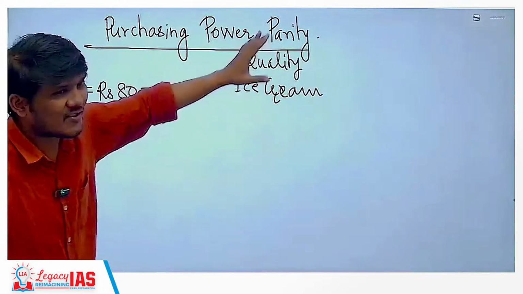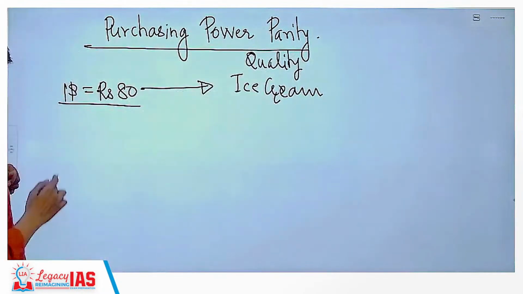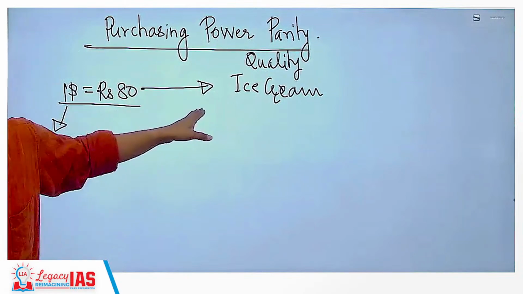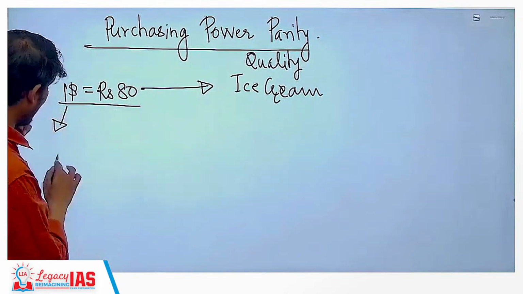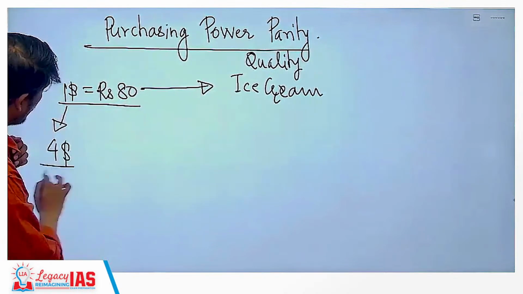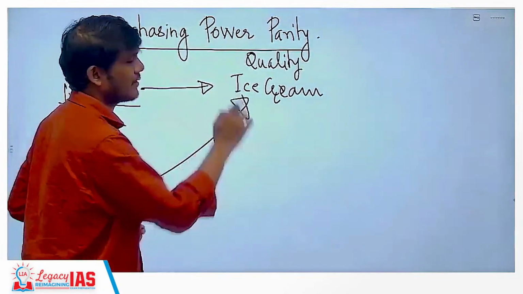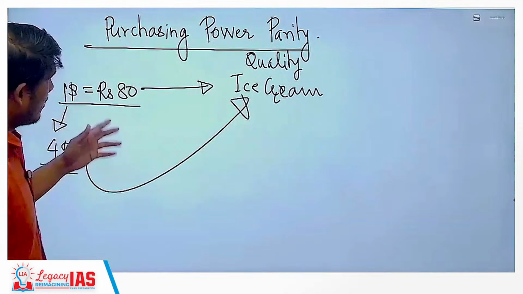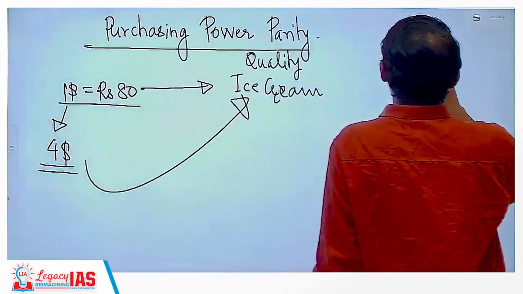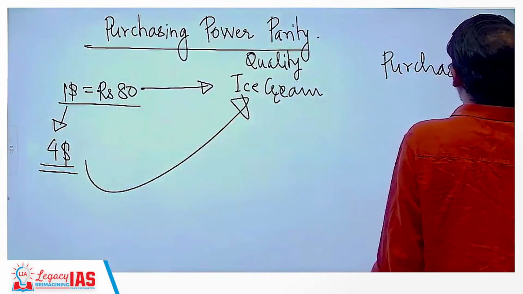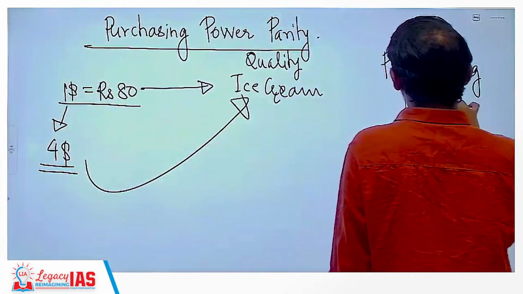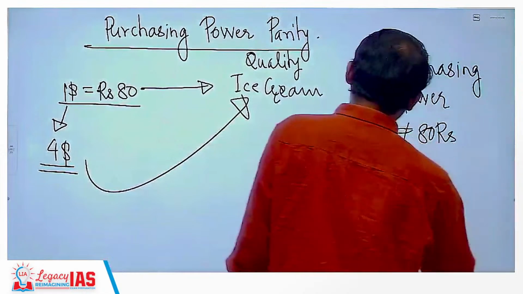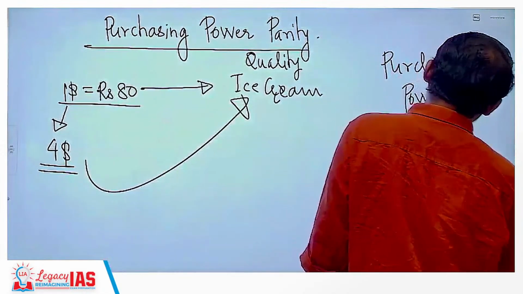Now to buy the same quality ice cream in USA, you should get it at $1. Then only $1 is equal to 80 rupees. But in USA, you may be required to spend around $4 to get the same quality ice cream. That means, purchasing power wise, $1 is not equal to 80 rupees. $1 is actually equal to only 20 rupees.